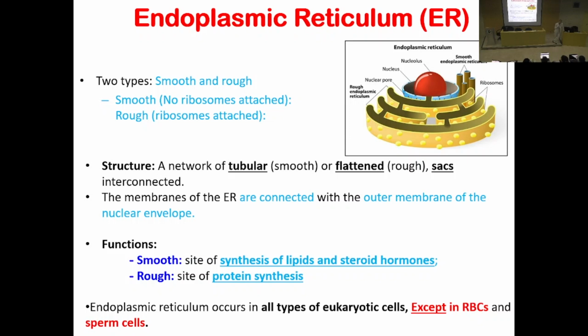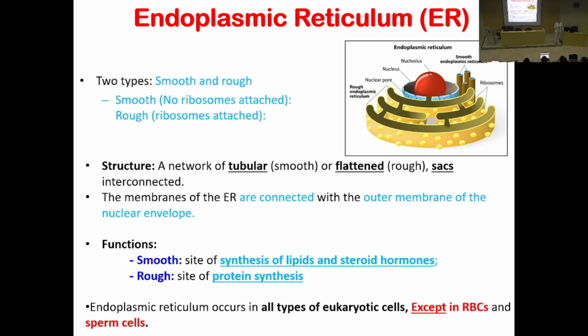The sperm cells carry the DNA of the male, so how could they not have DNA? They have a nucleus. But the RBCs, as we said, are anucleated. They have no nucleus, right? So they have no DNA, nothing.